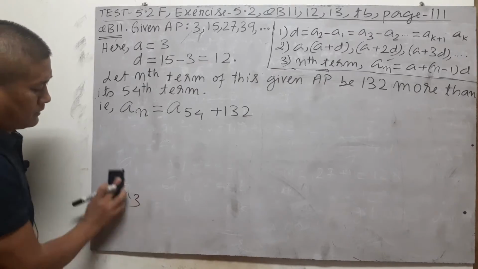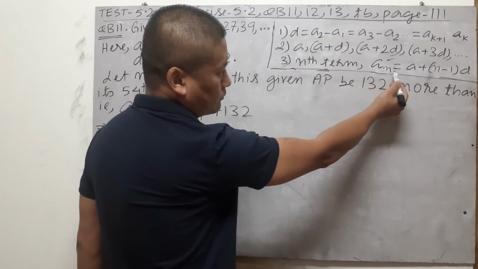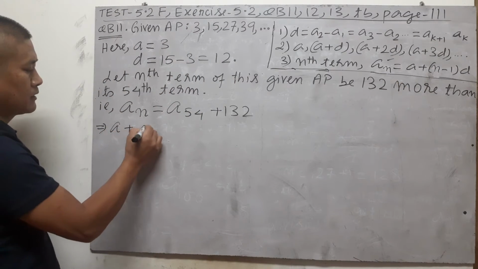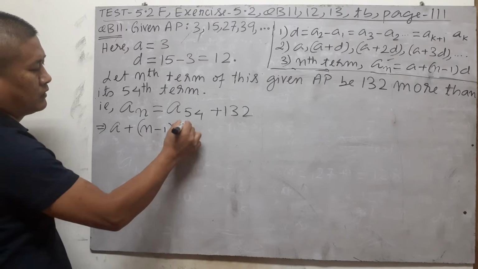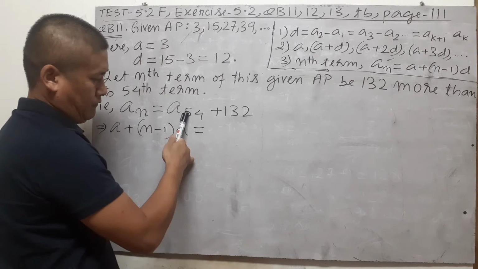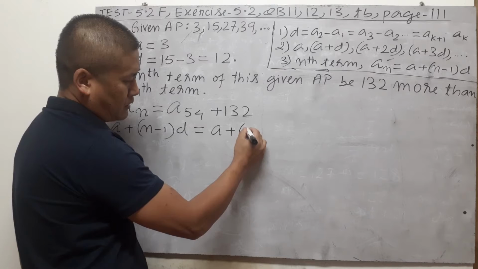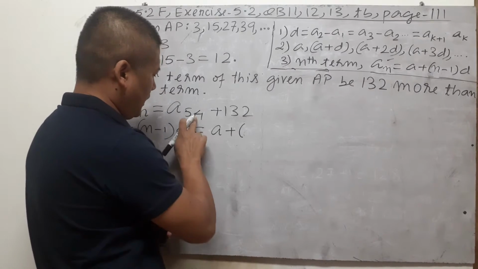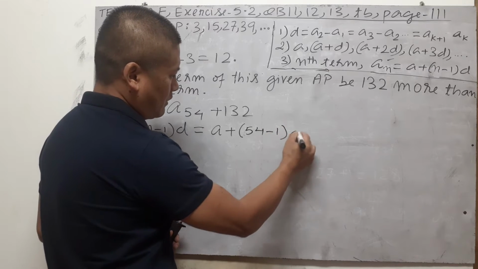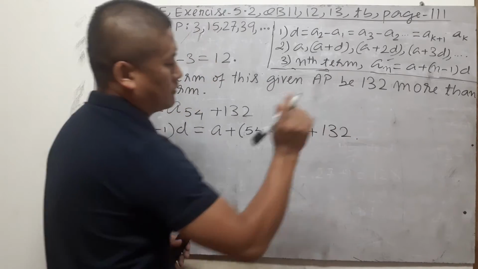Okay, so next, once we are through with that, applying this formula, an equals a plus n minus 1 into d, the same formula for an, and applying the same formula, for a54 will be a plus 54 minus 1 into d plus 132.